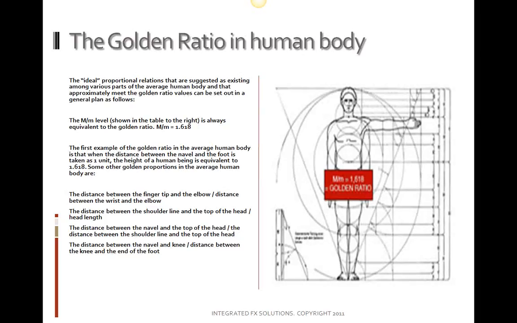The distance between the navel and the knee divided by the distance between the knee and the end of the foot will give 1.618. Is it not worth noting the importance of 1.618? It's worth it. 1.618 is so important. Why is it very important? We can see 1.618 surfacing even in the human body, and that is why it is called the golden ratio.